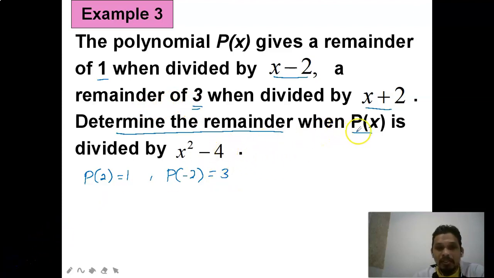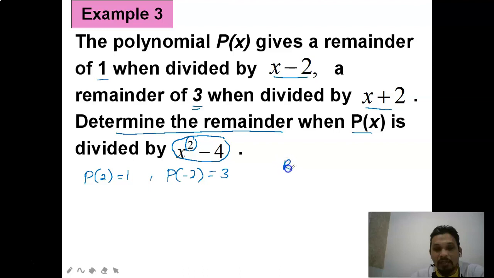It mentioned that p(x) is divided by x squared minus 4. If this is the divisor of p(x), look at the power of x for this divisor, which is x squared.